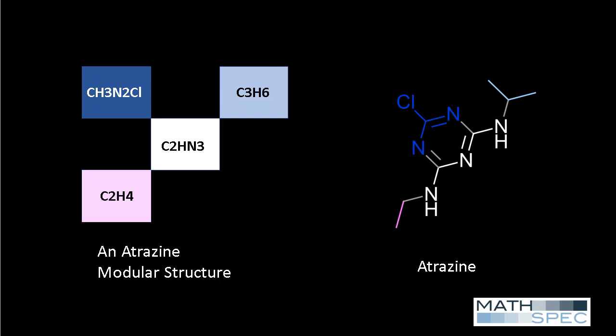The number of hydrogen atoms in the subfragments will often differ from the number of hydrogen atoms in the corresponding substructure. So now let's compare the modular structure of atrazine, which we chose because it matches the structure of atrazine so well, to the modular structure of our unknown metabolite.